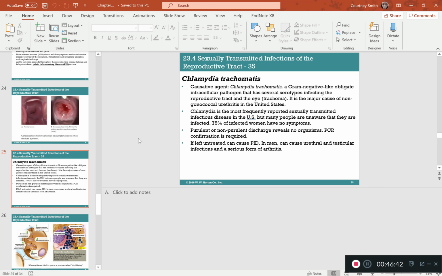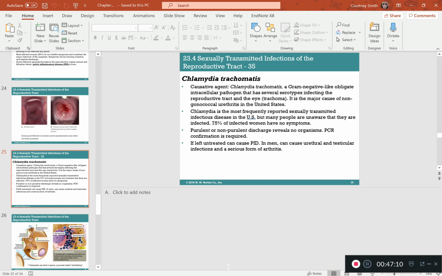In order to confirm which bacteria is causing this STD, a PCR will confirm it. Just like how gonorrhea presents with vaginal discharge, so does chlamydia. So, in order to differentiate between the two, a PCR is done, which is just a diagnostic test to determine which bacteria it is.